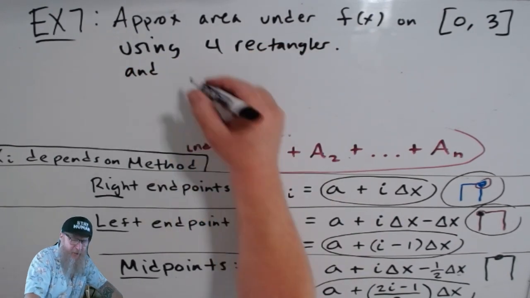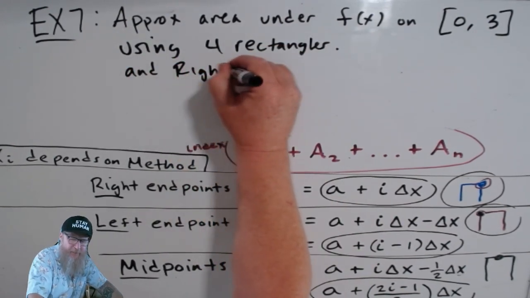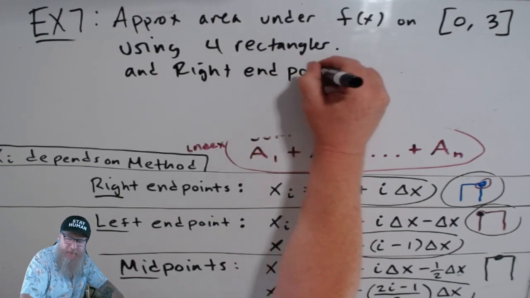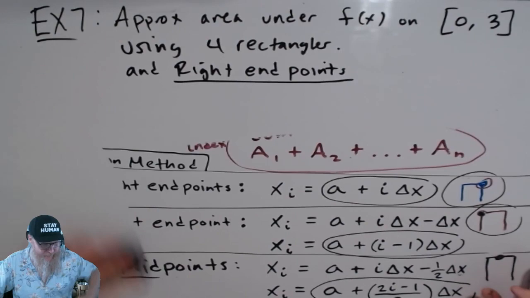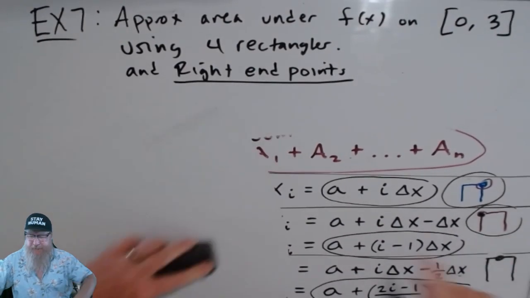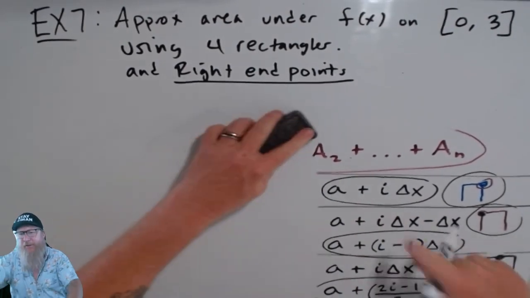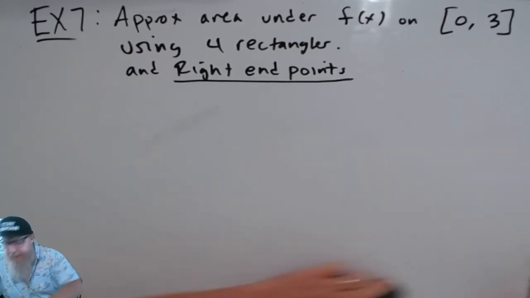And let's start with right-hand endpoints. So that's the easier one, right endpoints. I'll do the other two as well, but not on this particular example.